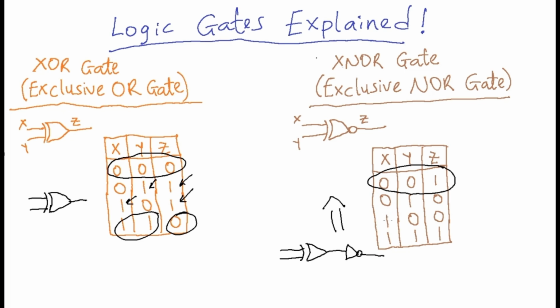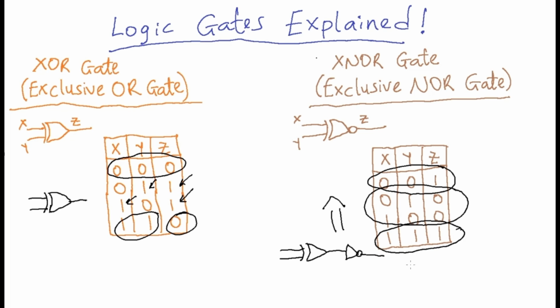So our outputs in the second and third rows will both be lows, or both be zeros. And in our last row, we have both inputs being ones, or high. So our output is also going to be a high, which satisfies our condition of not having just one input be a high.